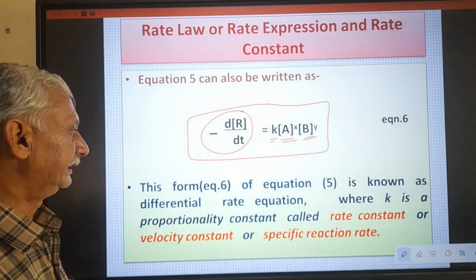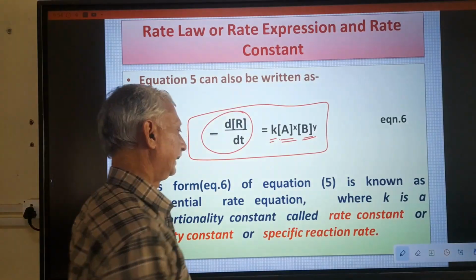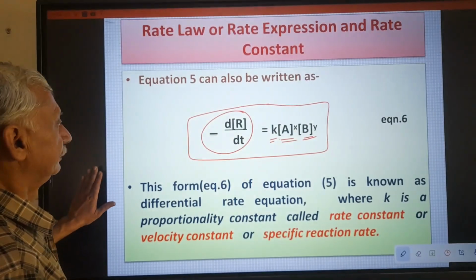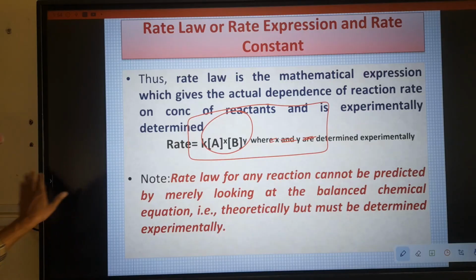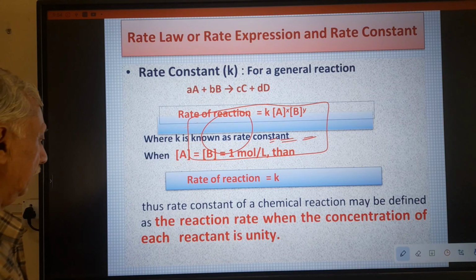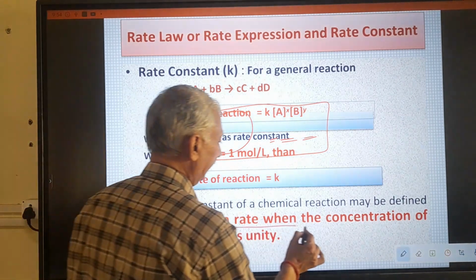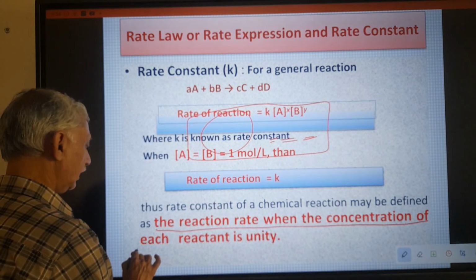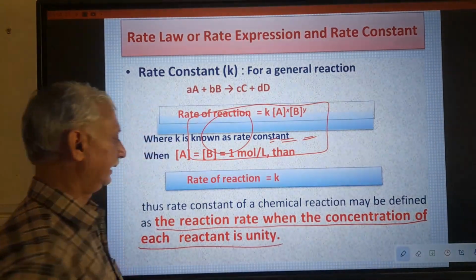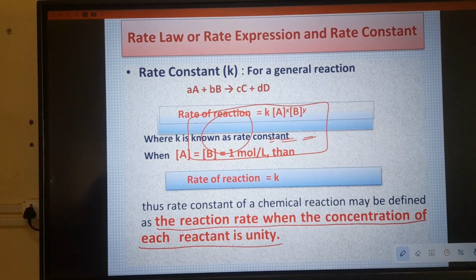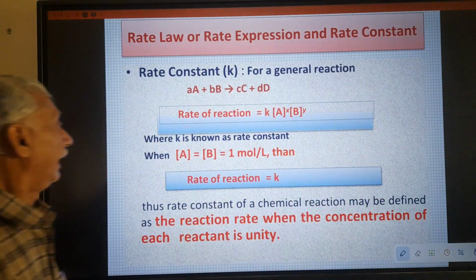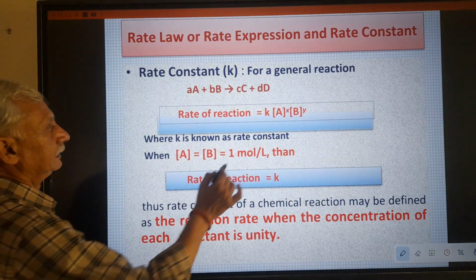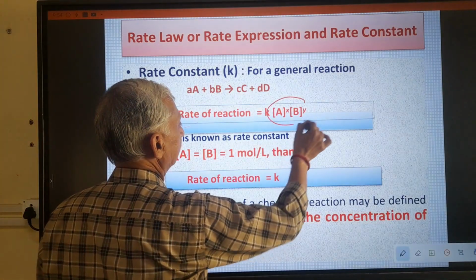So when we define this rate constant k, we can say it is the rate of the reaction when the concentration of each reactant is taken as unity. Here these are the reactants.